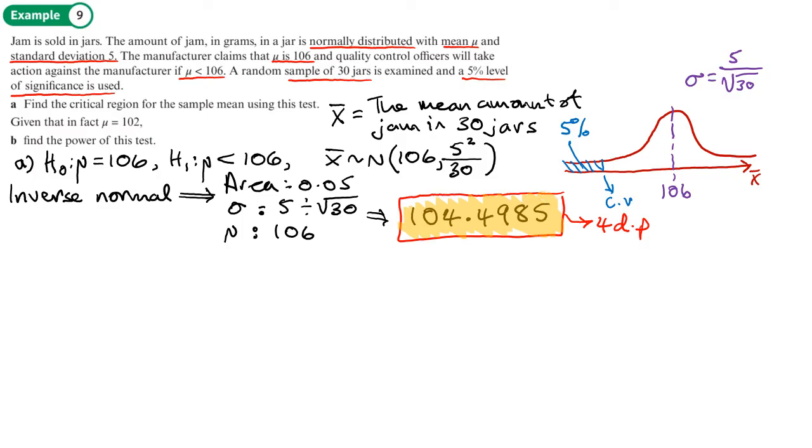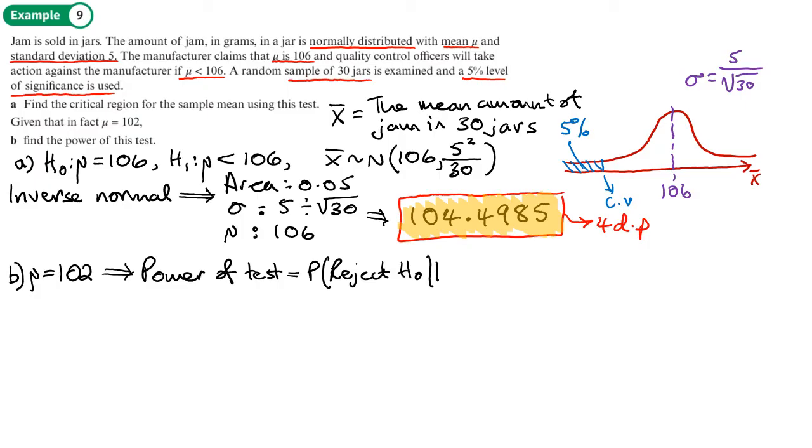Part B, it says given that the mean is actually now 102, find the power of this test. Now the power of a test is the probability of rejecting H0 given that H0 is false.